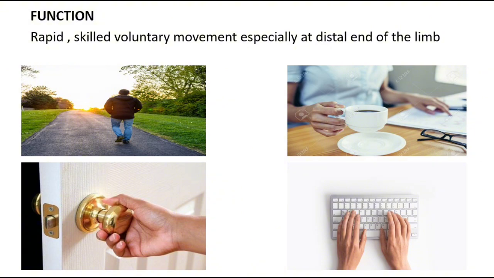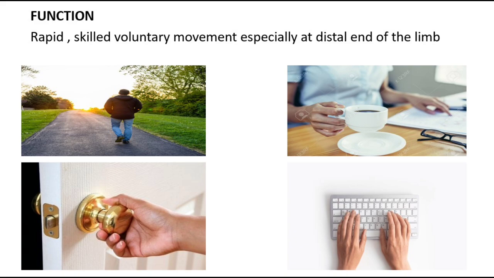It includes rapid, skilled voluntary movement, especially at the distal end of the limb. You can see here in the picture, the person is walking. He's using his limbs for that purpose. In the next picture, you could see that a girl is holding a cup of tea.